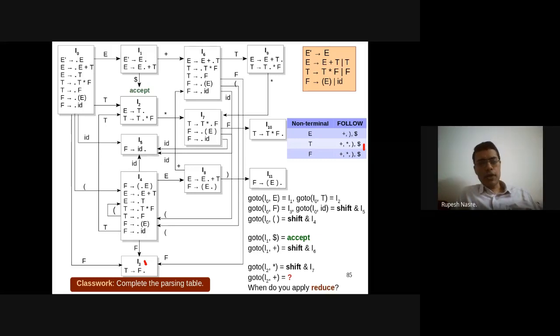And I4, let's try for I4. There are a lot of things which are possible in I4. So let's try for I4. Not T4, I4.